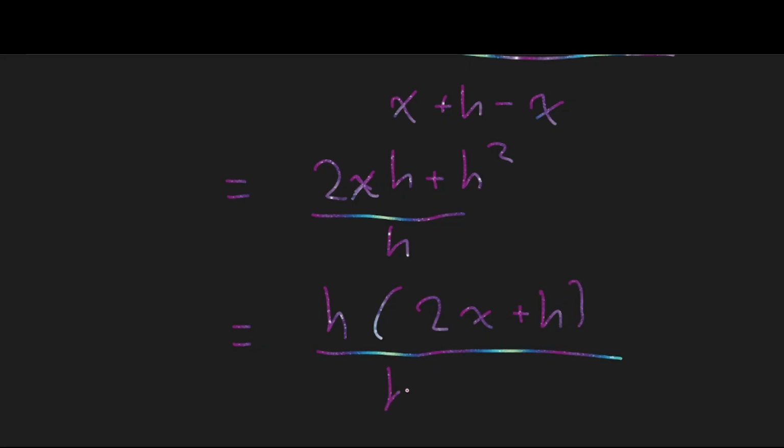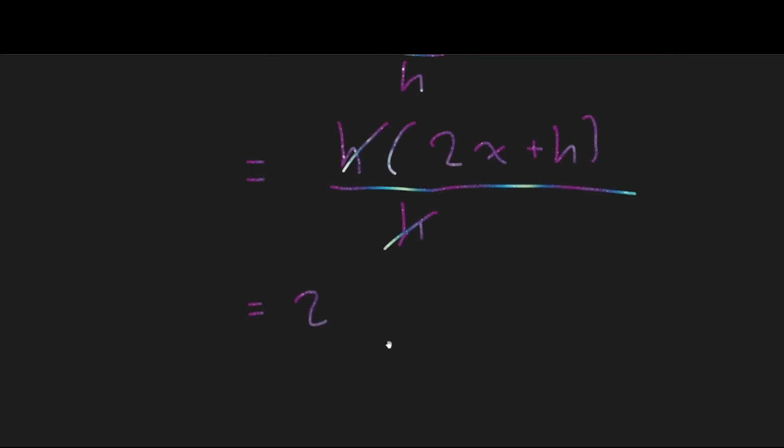And you just have h over here. And then you can just cross these out, and you get 2x plus h.